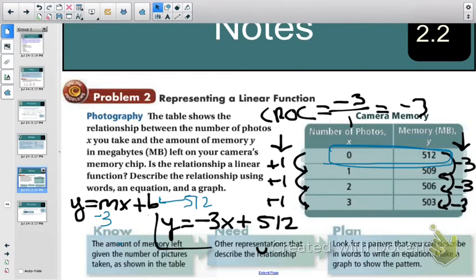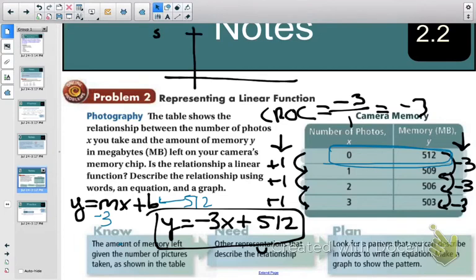There's our equation. To graph that, this is going to be a rough graph. I'm going to start up here at 512. That's our first point, our y-intercept, so it's on the y-axis. Then we go down 3 and over 1, because that's our slope, negative 3 over 1. It's going to be something like this. I'm just estimating right now, but it should form a straight line. For every additional photo, it's going down 3.